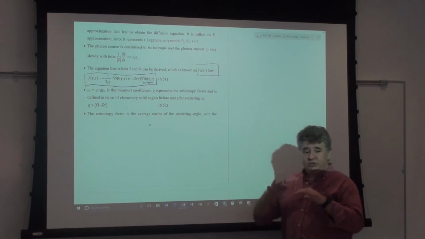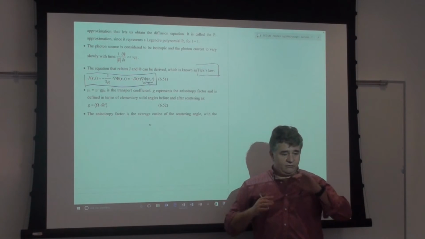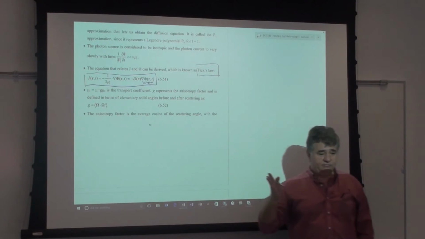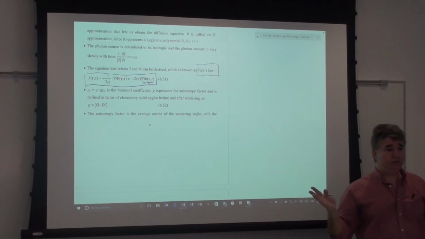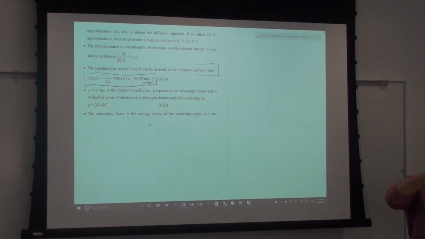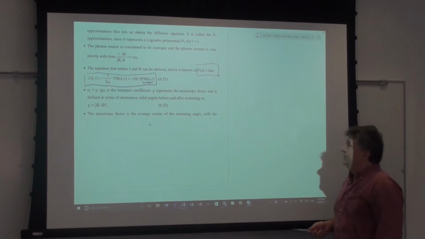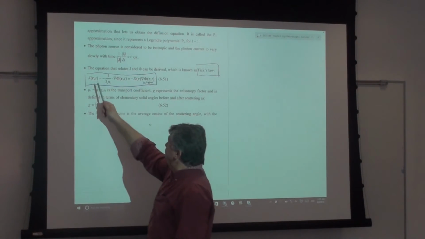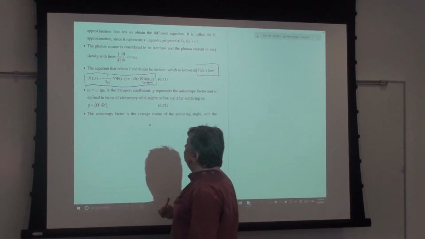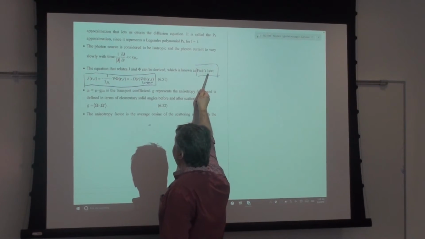If we make the approximation that the angular distribution of the fluxes is smooth, okay, so it's isotropic except for a small cosine term, then you're able to connect the density to the currents, and basically this is known as Fick's law.